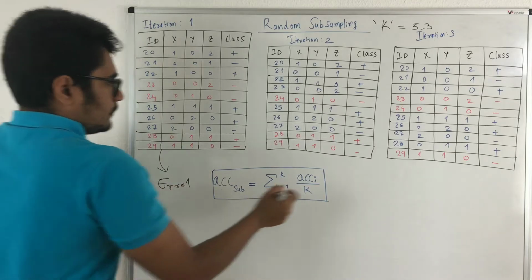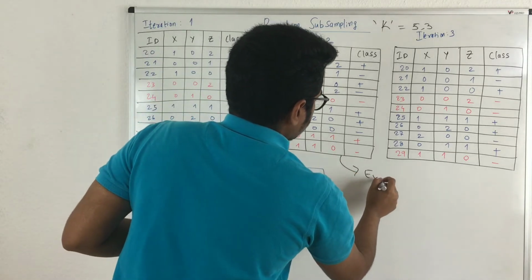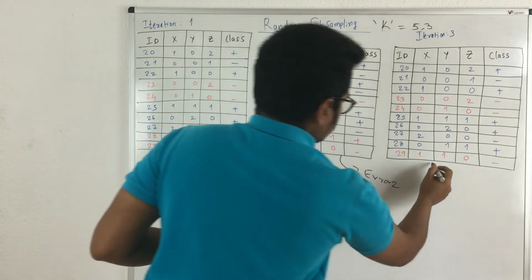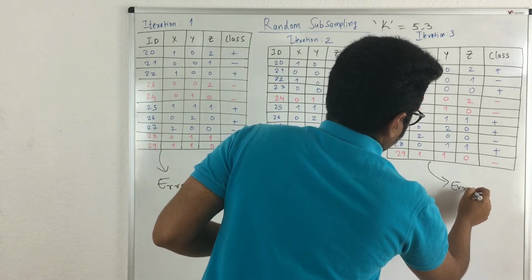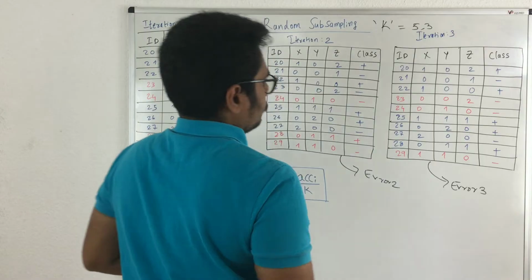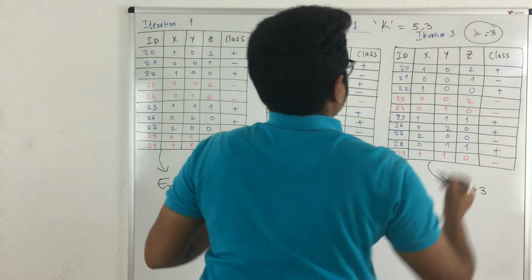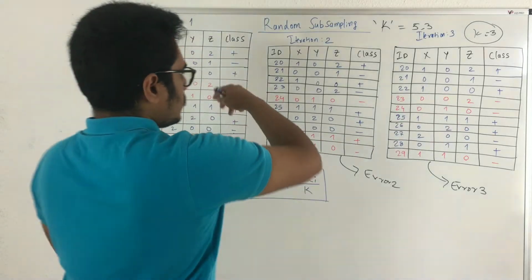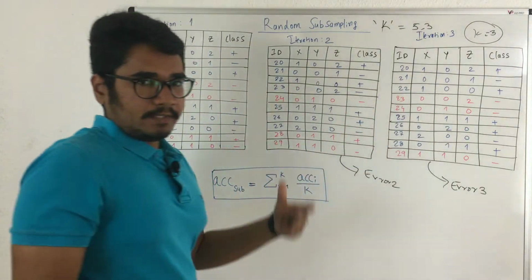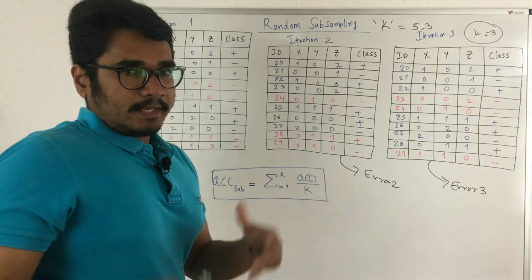So this is error 1, and with this you get another error, error 2, and then error 3. Here I have considered k equal to 3, so I have taken these data sets and randomly divided them into training and test sets.